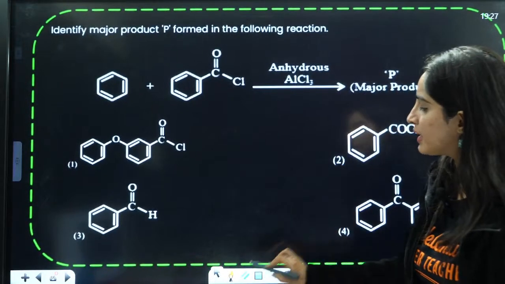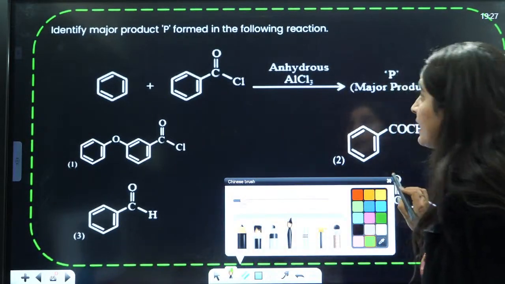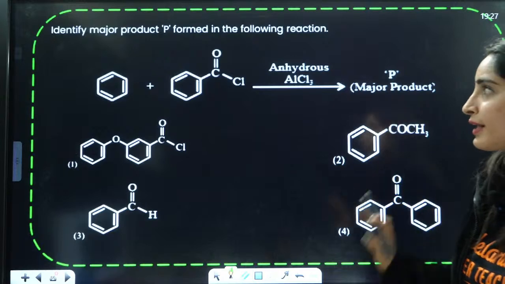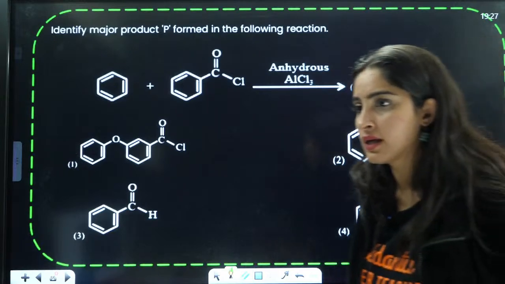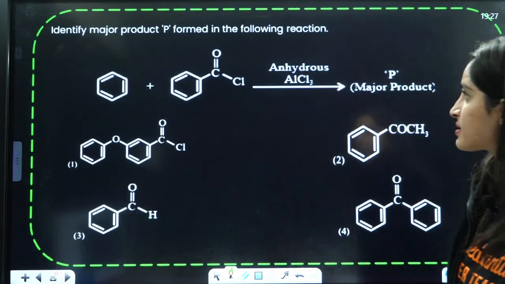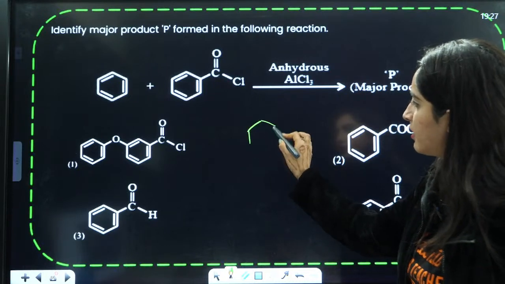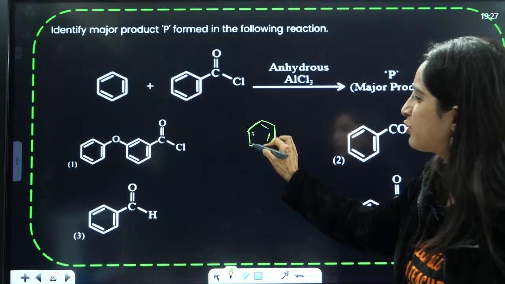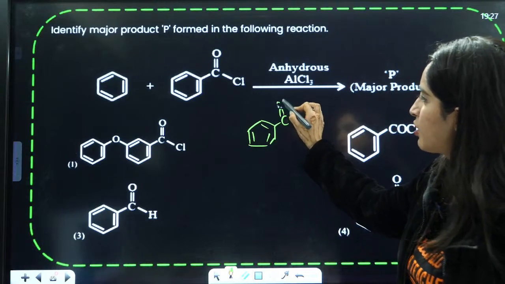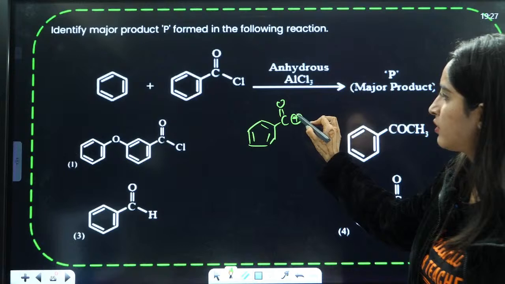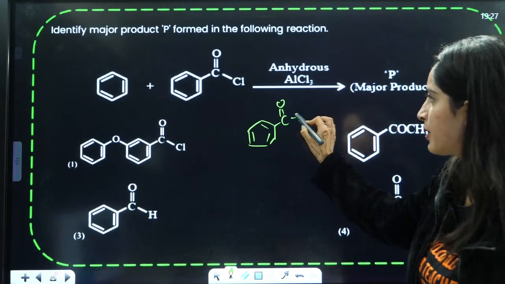Now, identify the major product P formed in the following reaction. I think this is very, very simple, right? Which thing will be formed? This is repeated because they tend to repeat some questions. The way they have asked the question is different, but it is the same question.